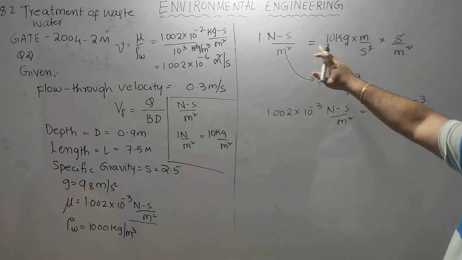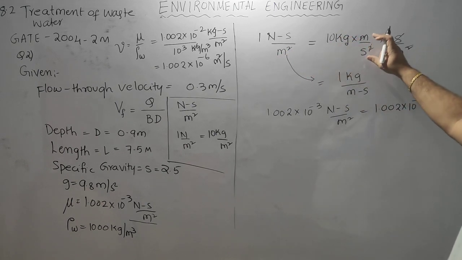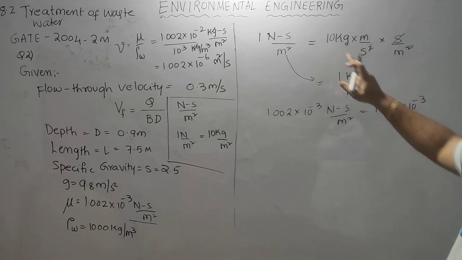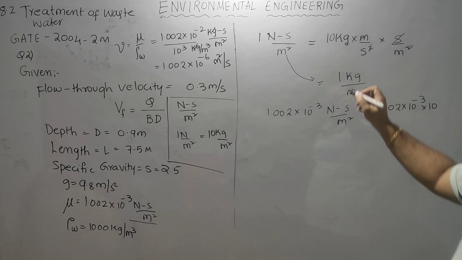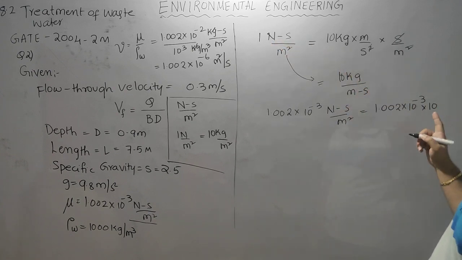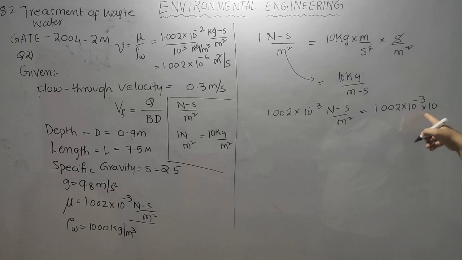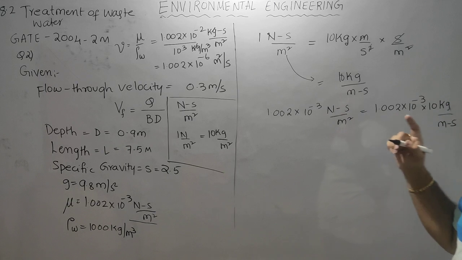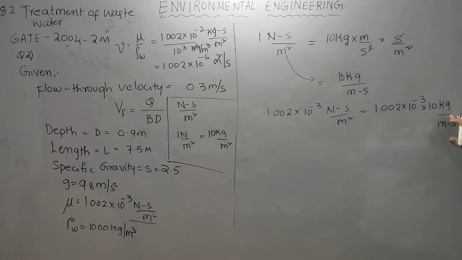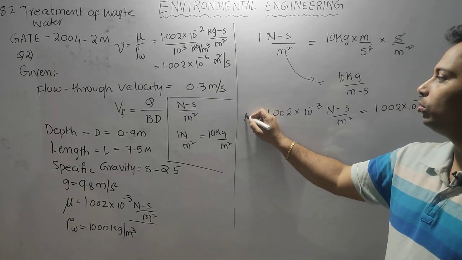So 1 Newton is equal to 1 kg multiplied with acceleration due to gravity, approximately 10. Here we need to multiply it with 10 because I am converting from Newton to kg. So this is the conversion of Newton second per meter square into kg per meter second.